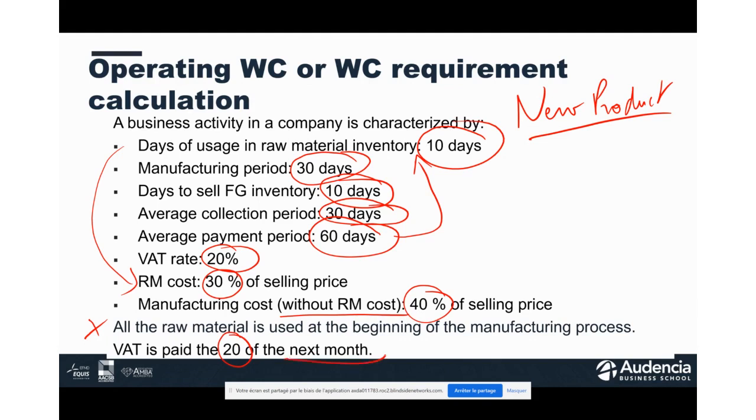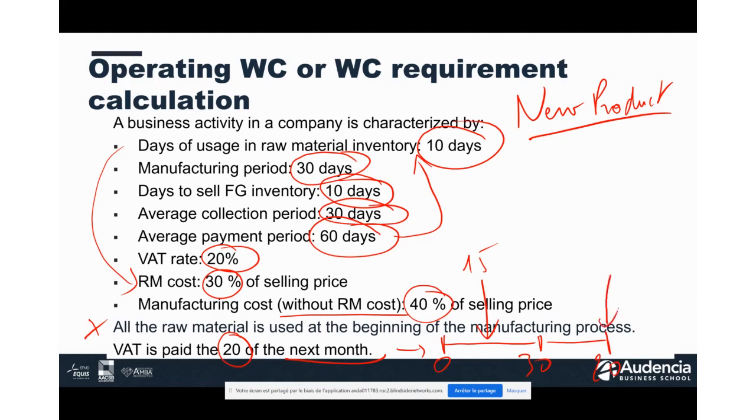So why is day 20 of the next month important? Because you purchase or you sell from day 0 to 30 in the month, so on average, at the middle of the month, and you will have to give back the VAT, or you will be reimbursed for the deductible VAT, on the 20th of the next month.